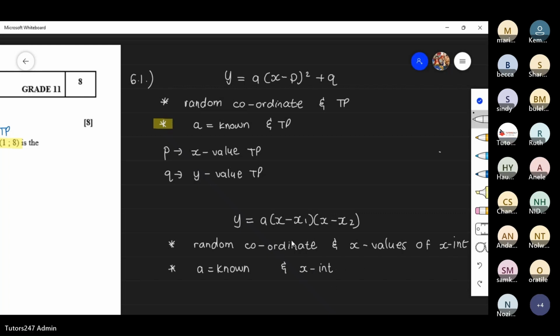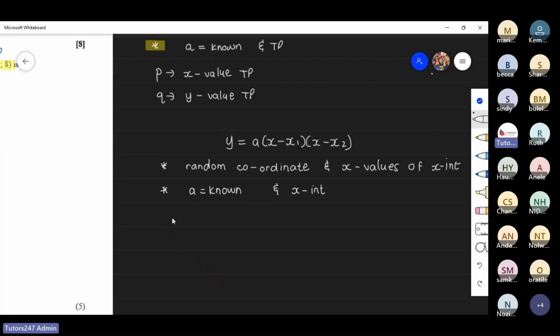Now, what do x1 and x2 represent? So x1 represents the x value of your x-intercept and x2 represents the exact same thing.